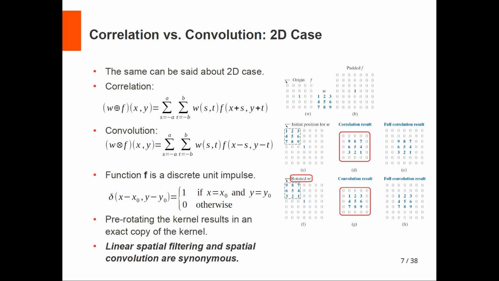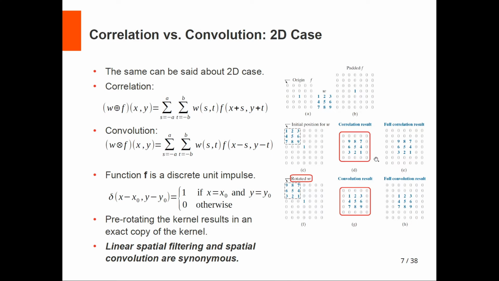We move to the next pixel, we repeat the same, we move to the next pixel, we repeat the same, until we get to the end of the original image. If we do that for the correlation result, as you can see, we get a replica of the kernel, but the difference is that the kernel is now flipped in both horizontal and vertical direction.